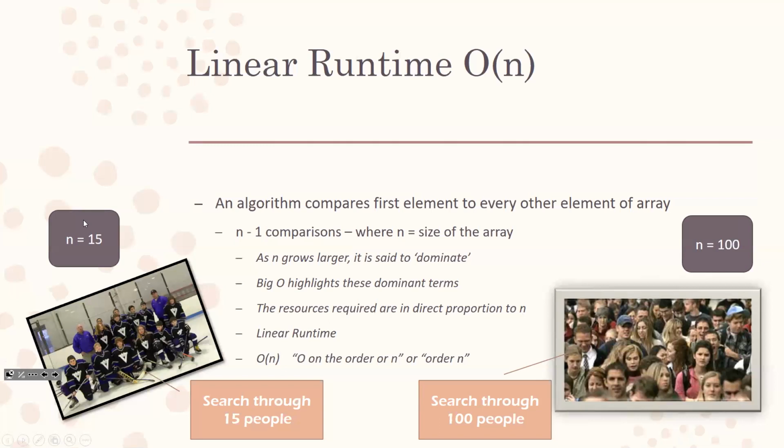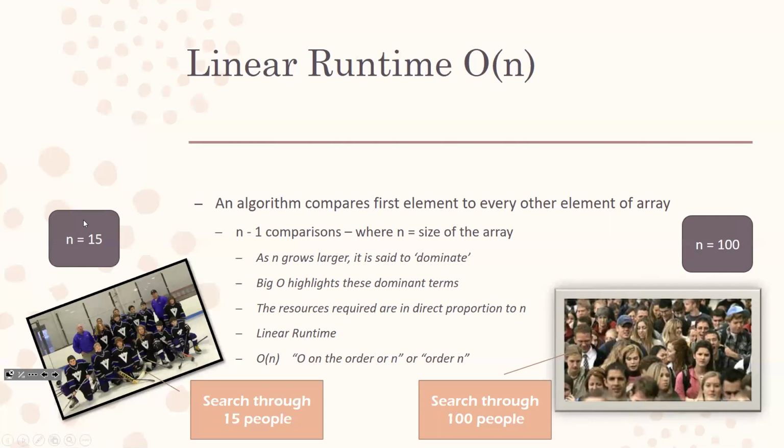We're noticing now that our data can have an impact on our runtime. Now, when we're looking at a linear runtime with Big O, it's going to be written like this, O(N), with the N in parentheses, and we'll say O on the order of N, or just order N.